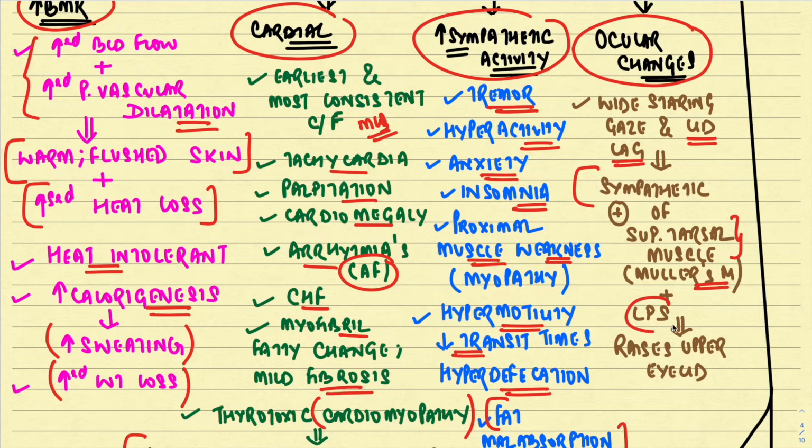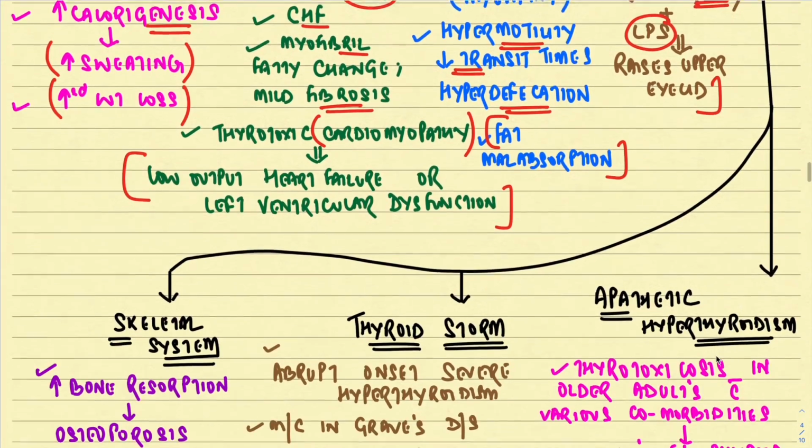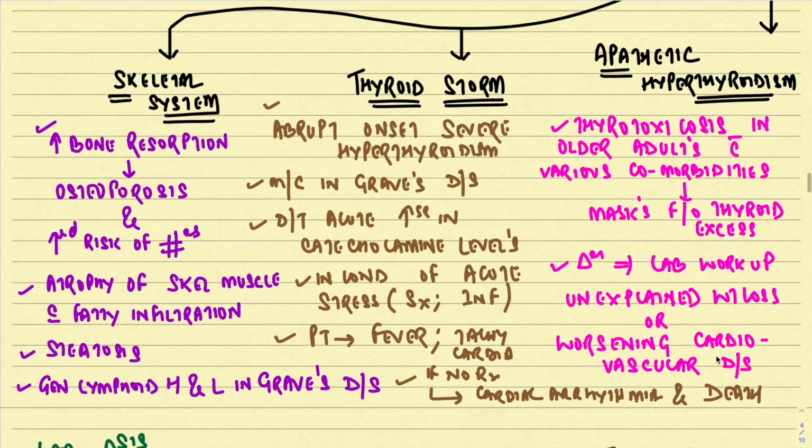Along with that, there is a stimulation of levator palpebrae superioris, and this raises the upper eyelid. So this is responsible for the wide staring gaze along with the lid lag, because of the sympathetic stimulation of the superior tarsal muscle, also called Mueller's muscle, and the levator palpebrae superioris, called the LPS.